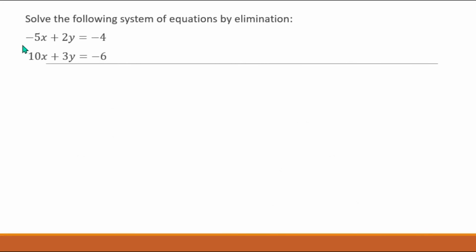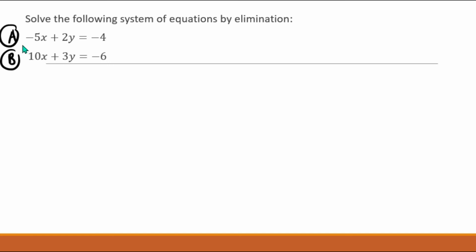Another example, not as pretty as the other one perhaps, but a perfect one for elimination. So I've got these two equations, A and B, and there's no matching coefficient. The number in front of the x's is not the same, the number in front of the two y's is not the same, but they could be if I manipulated one or both of the equations.